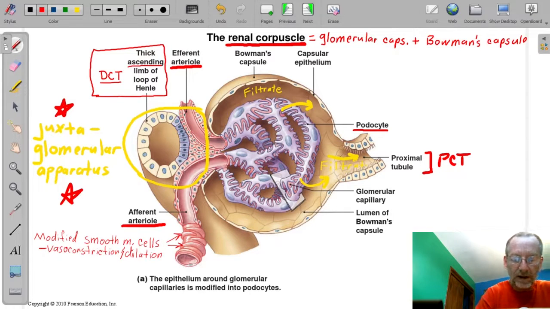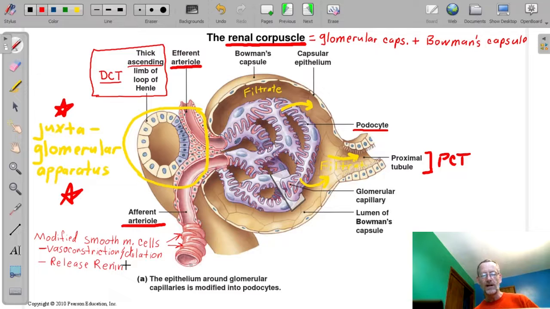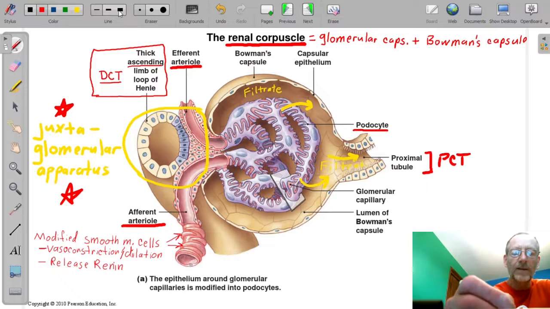And they also release renin. So you'll want to remember that. We've already talked about RAS and how the kidneys release renin. Well, this is where the renin is being released from, these cells.